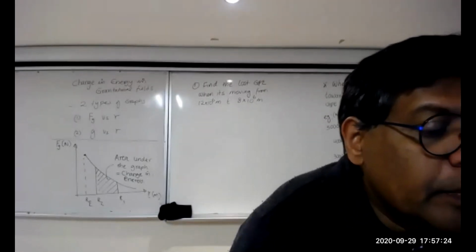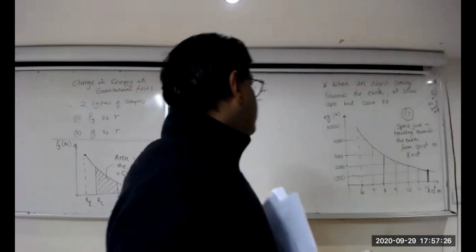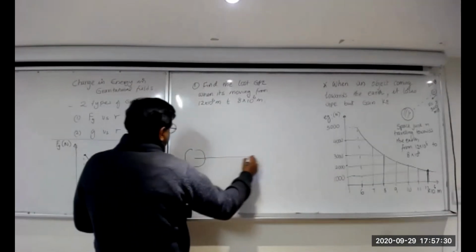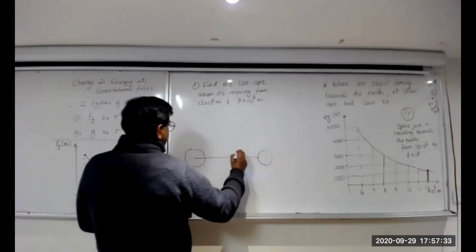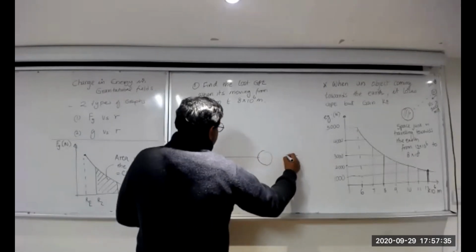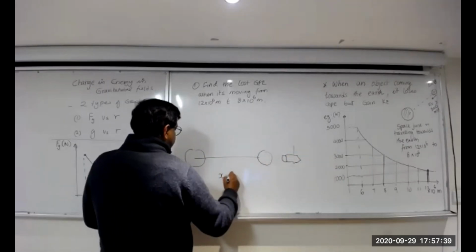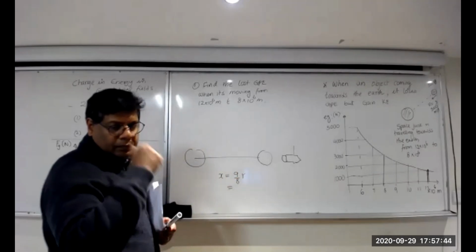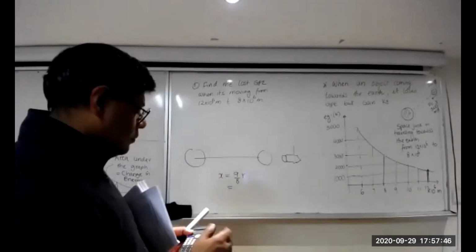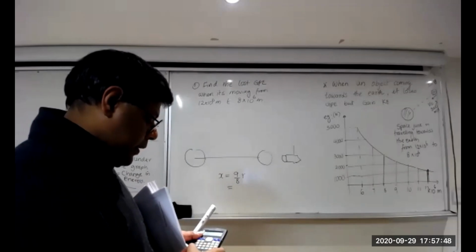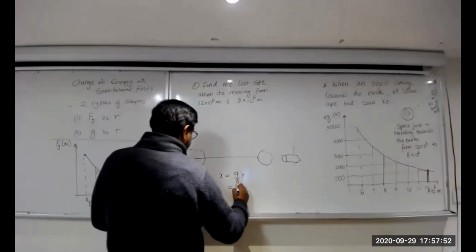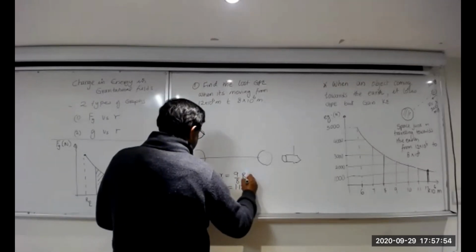Why isn't 9 possible? Oh yeah, because it's not possible in the previous question. That means your spaceship should be here, yeah? Because your x becomes 9 over 8, which means more than 1. 9 divided by 8 means 1.125 by distance r.